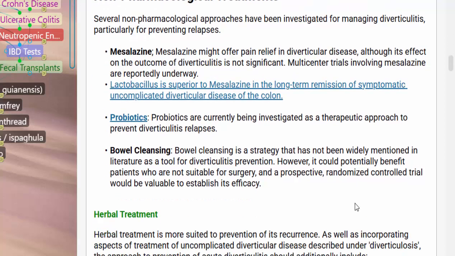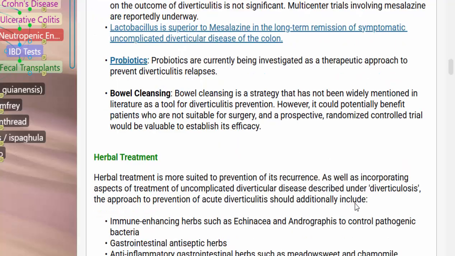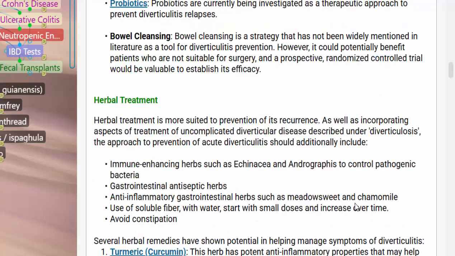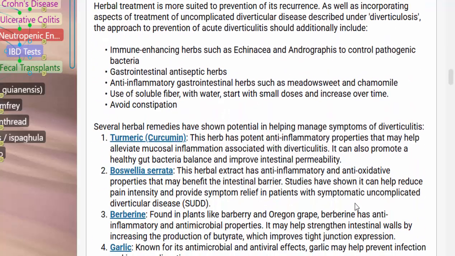The scientific research is focusing on the use of probiotics to prevent relapses. Bowel cleansing is a strategy that hasn't been widely mentioned in the literature, but it could potentially benefit patients who aren't suitable for surgery. Now then, herbal treatment.